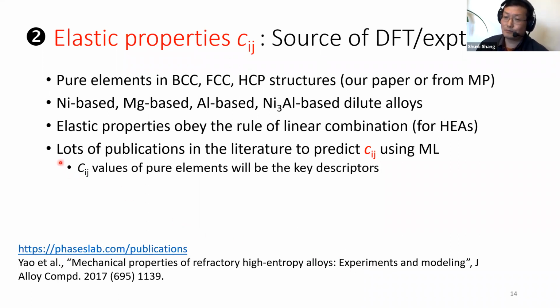We can also find a lot of publications in the literature where machine learning is used to predict the Cij values. Here, our conclusion is that the elastic properties are quite easy to get.